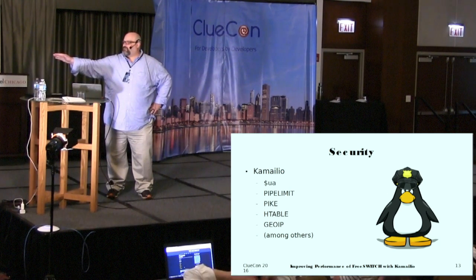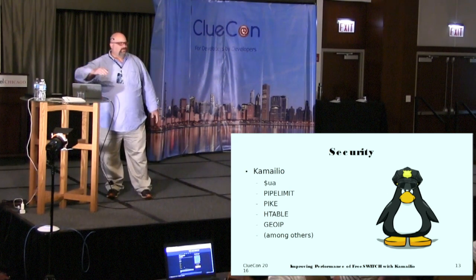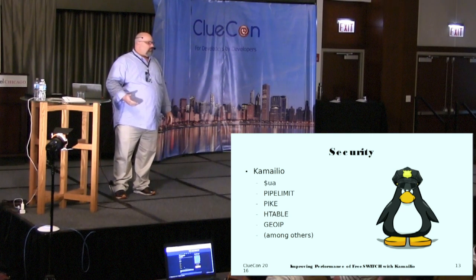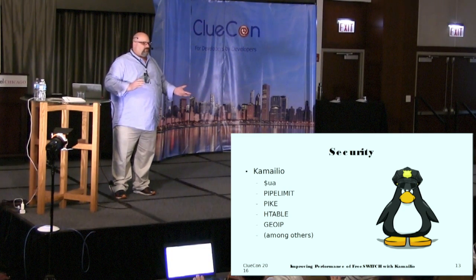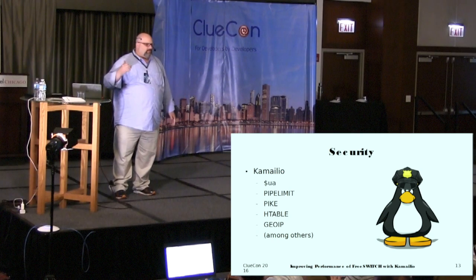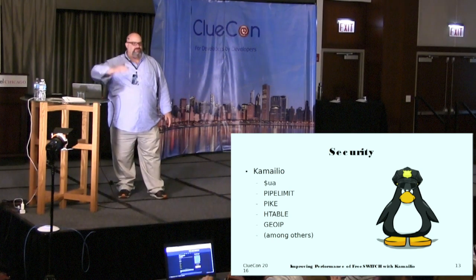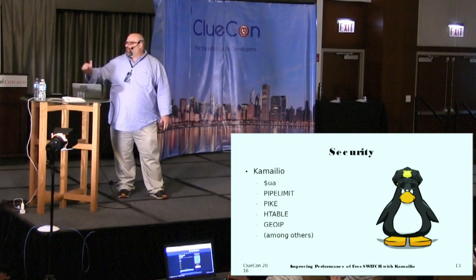We have a module called pipe limit that allows you to count different things that you would want. So for example, if I want to say after 10 failed registrations, I'm blocking your IP for 20 minutes, I can do that with my Kamailio config, and I can change that whenever I need.